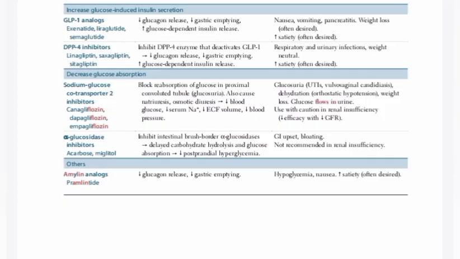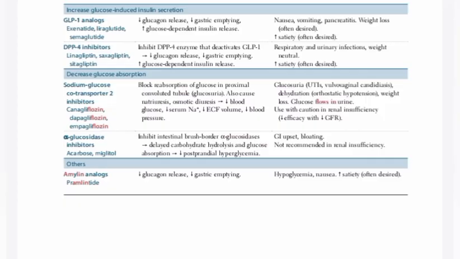So as I have told, the mechanism of action is it blocks the absorption of glucose in proximal convoluted tubule, causing glucosuria. It should be used with caution in renal insufficiency, with decreased efficacy with decreased GFR.